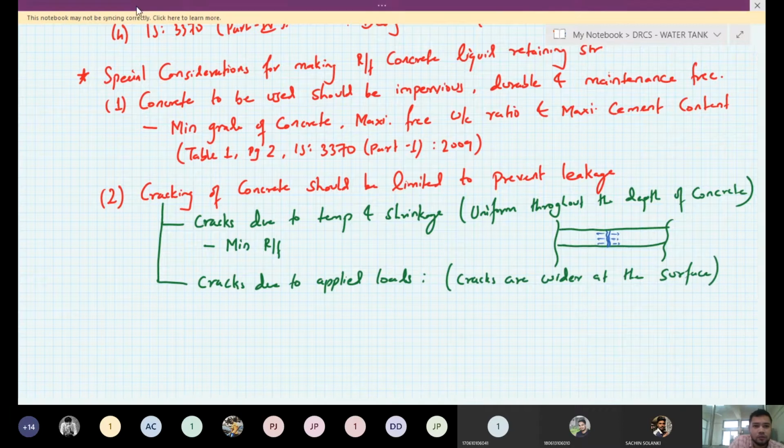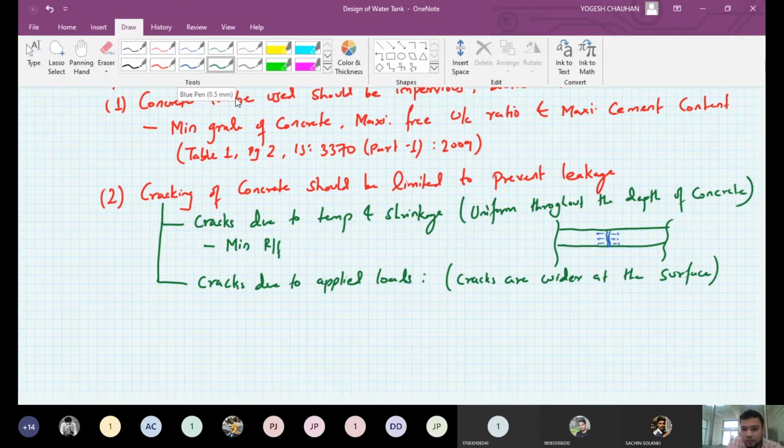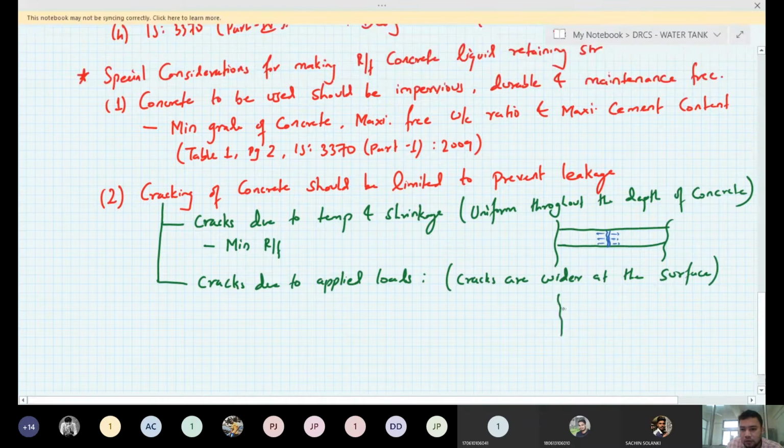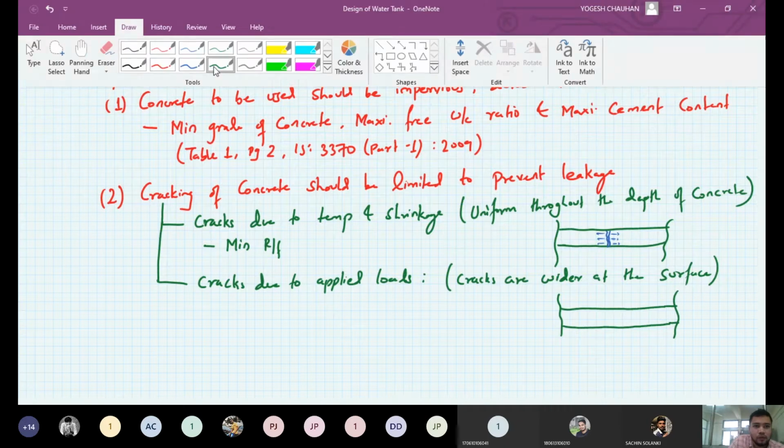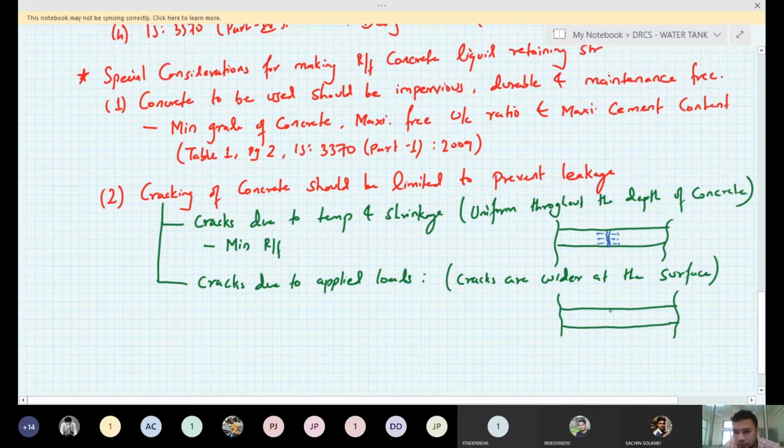Again, if we draw a section, suppose we take a case of flexural cracks, and let us say if this is the tension face and this is the compression face, so these cracks are like this.